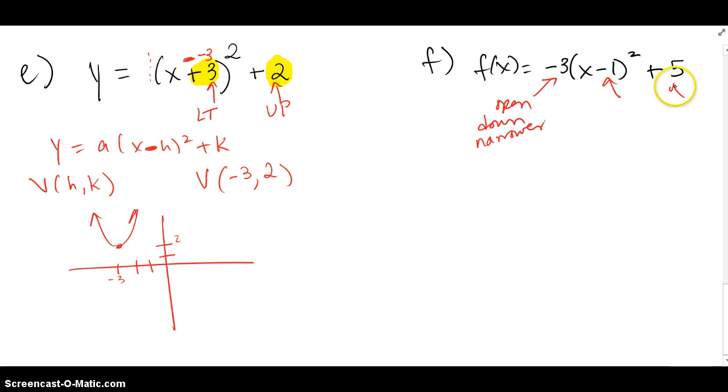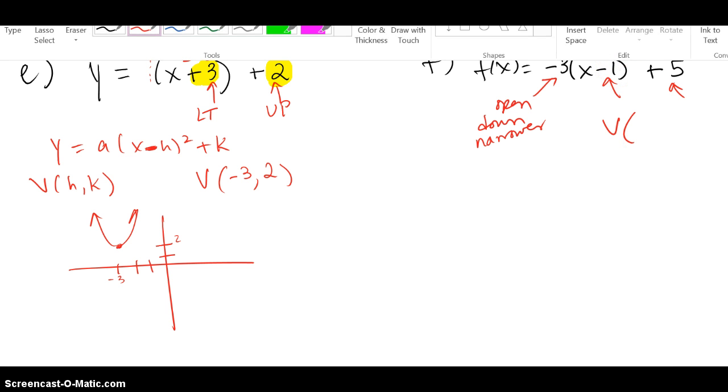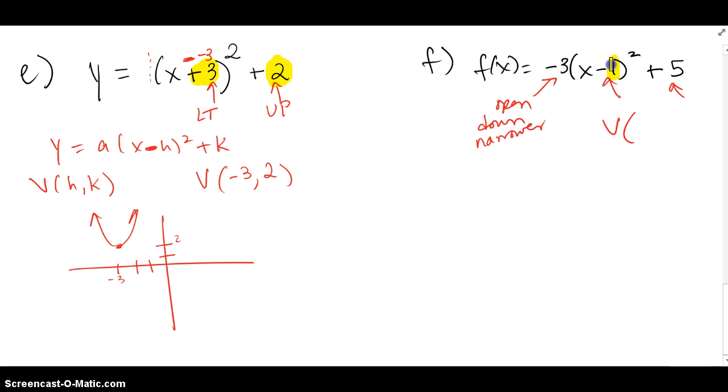This and this will give me the vertex right off the bat to be a 1 and a 5, because the 1 is already after the minus sign, and then the 5. So I got my vertex to be 1, 5, and I know my parabola opens down, sort of narrower, so I'm going to go to 1, 1, 2, 3, 4, 5, 1, 5, and my parabola opens down, and it's sort of narrower. So just a rough sketch.